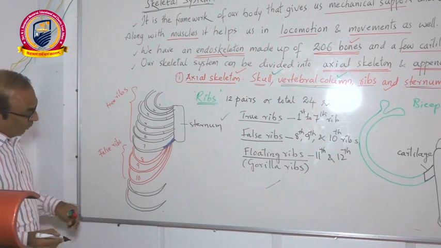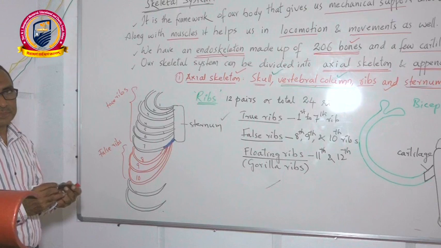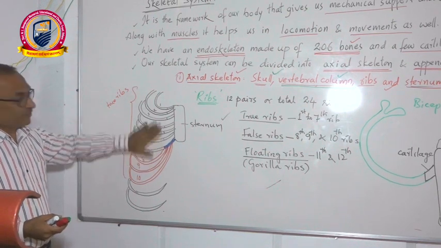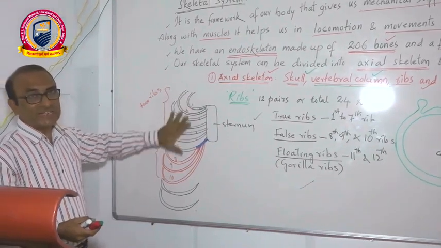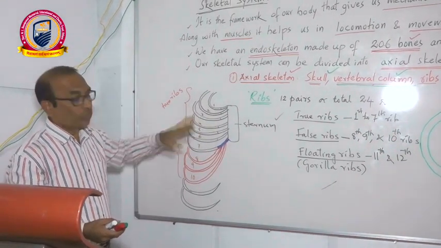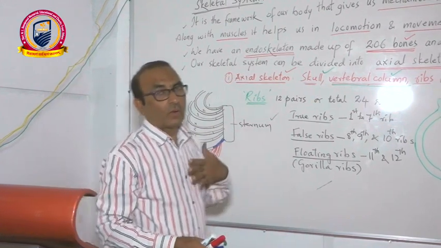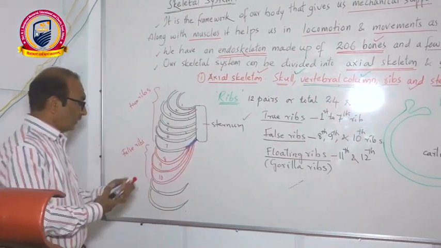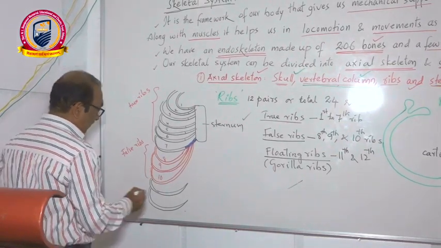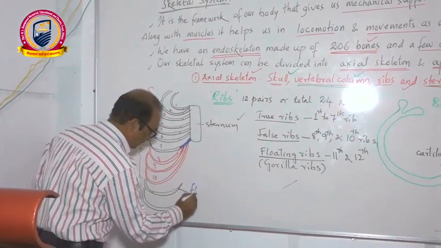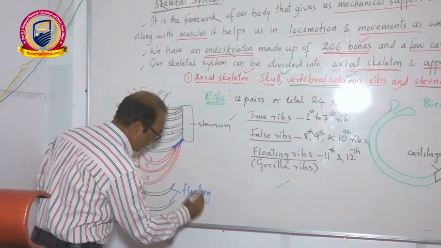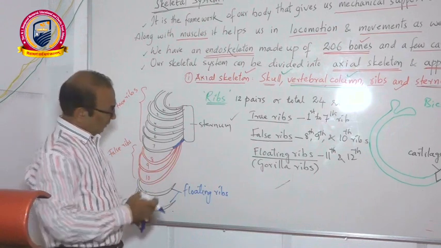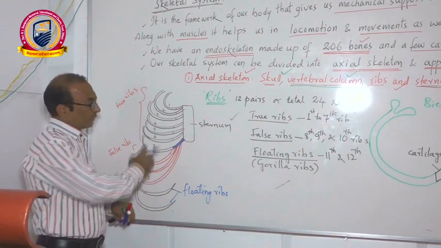Okay, let us know about the importance of these ones. All these ribs, as I have told you, form the protective cage supporting and protecting our organs in the thorax region, but these 2, which we call the floating ribs, are downward in position.